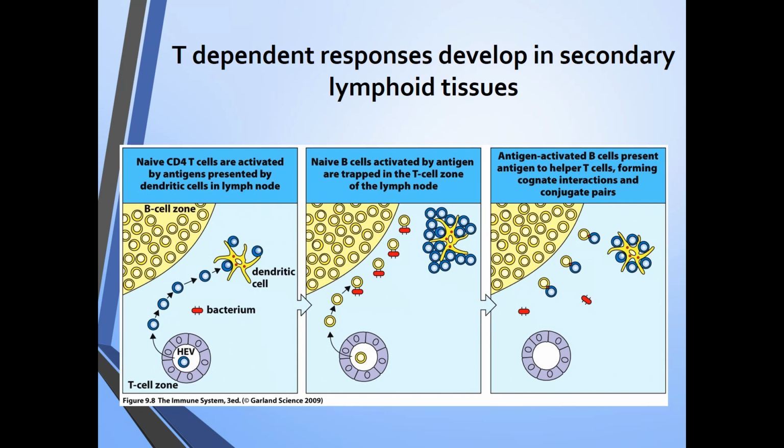They pick it up, present it on class 2, and CD4 cells that have also been activated will then recognize that, and you'll form these conjugates between the antigen-activated B cells and the T helper cells. And when they form those conjugates, that is when you can get activation of the B cell.